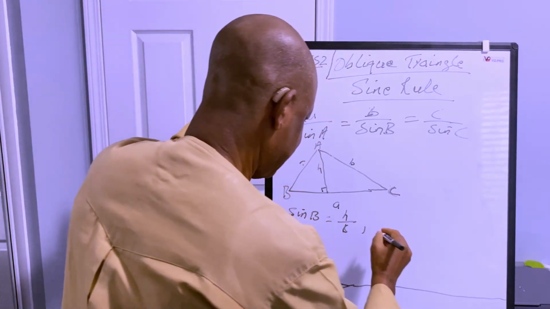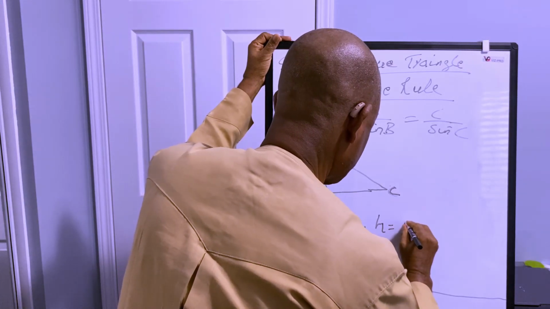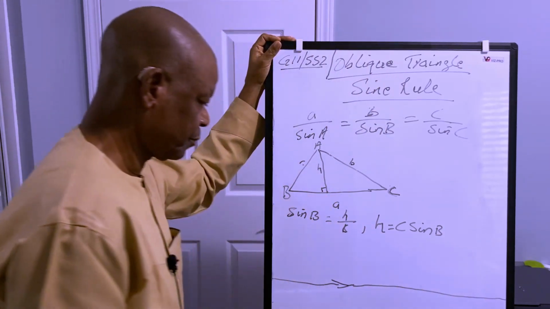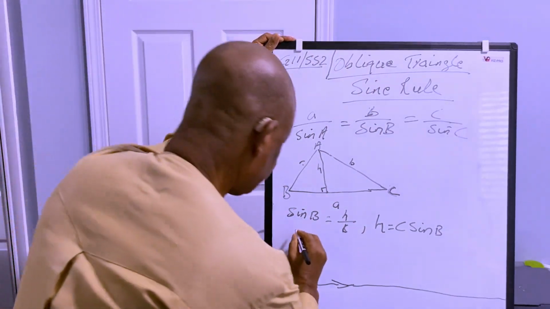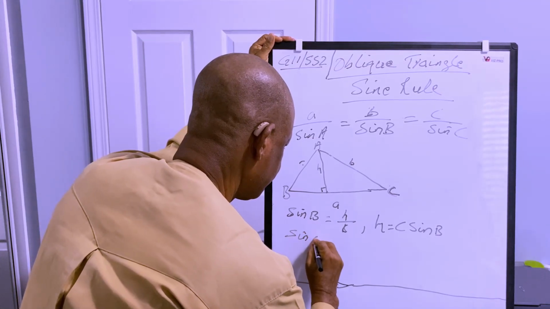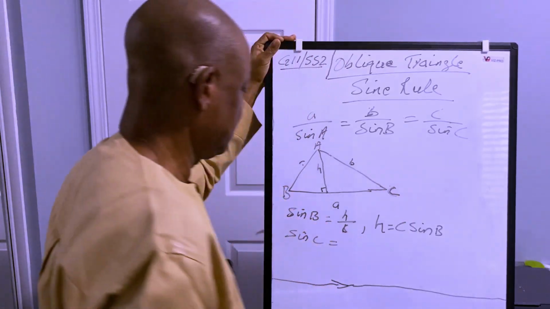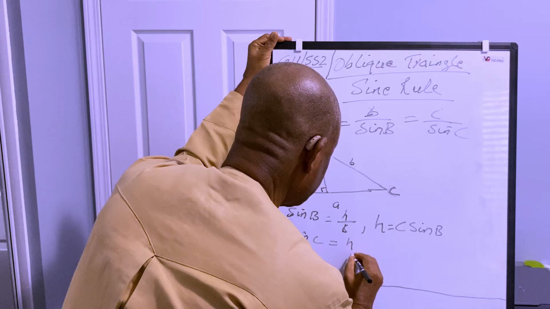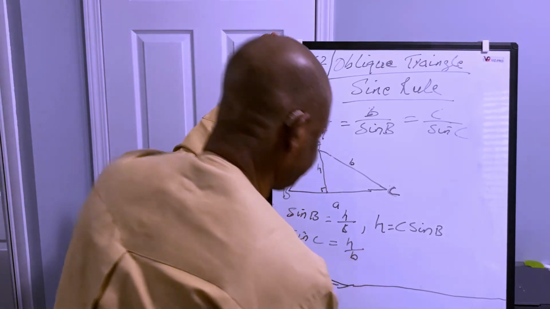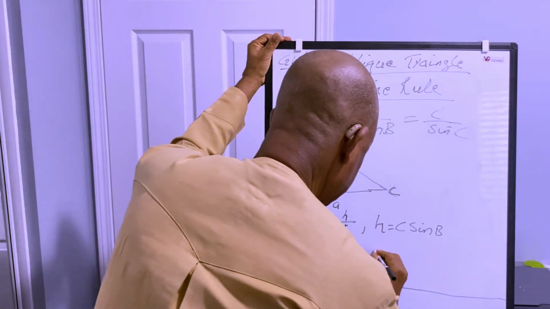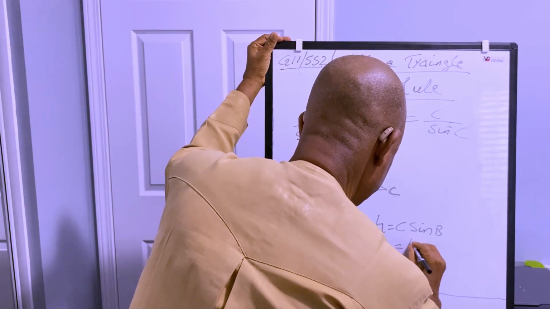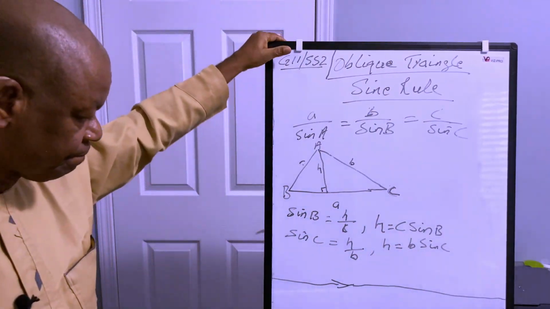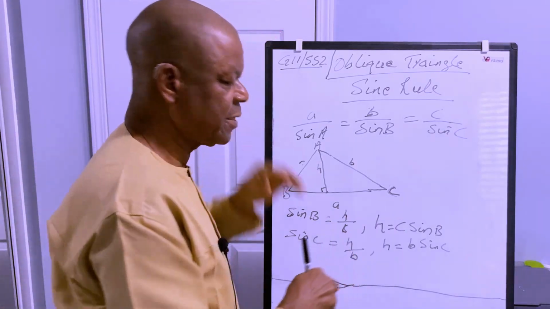And this means that h is equal to c sine B. And also sine C is equal to opposite over hypotenuse. The opposite is h, hypotenuse is b. That will give us that h is equal to b sine C.